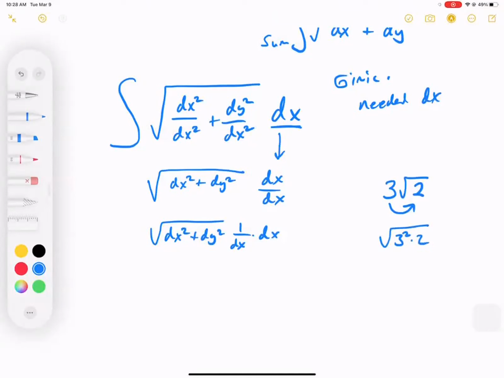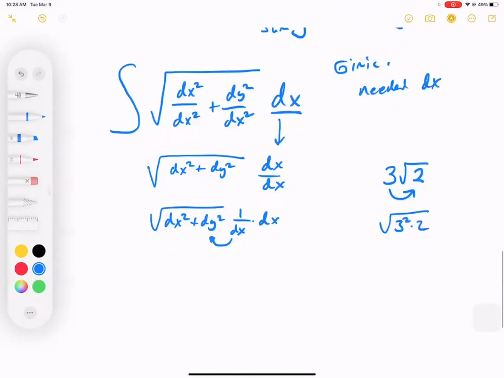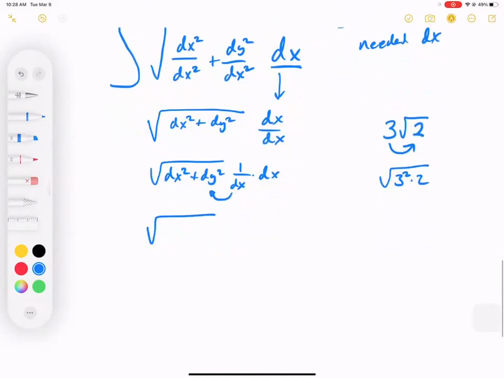So you can write something into a square root by squaring it. And that's what we're going to do. We're going to push this into the square root by squaring it. So it's the square root of dx squared plus dy squared times 1 over dx squared.